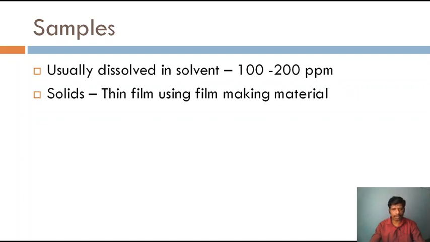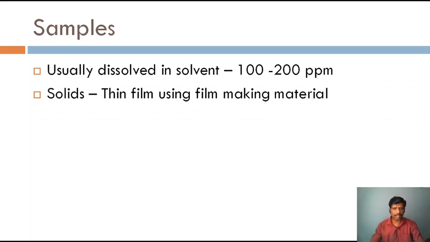If your compound does not dissolve in many solvents, the selection of solvent is also very important. The solvent should not interact with your compound, and it should only dissolve it. It should be transparent in the region. These are all important conditions for the solvent.